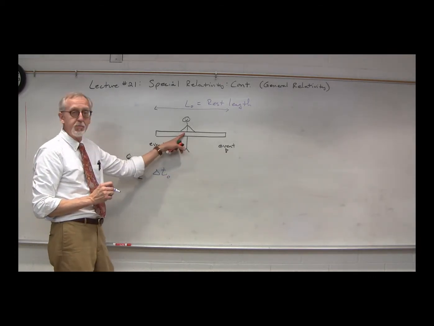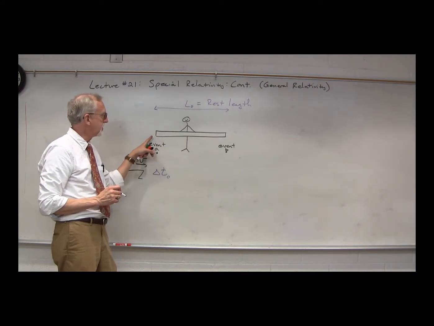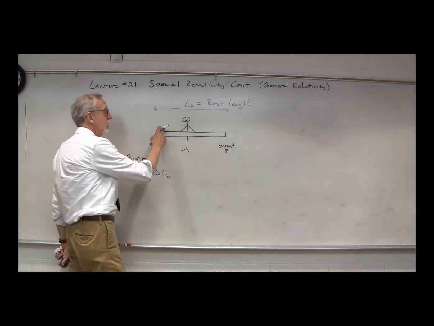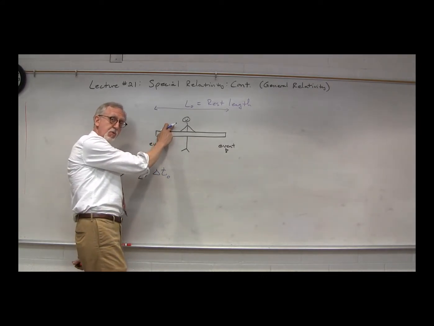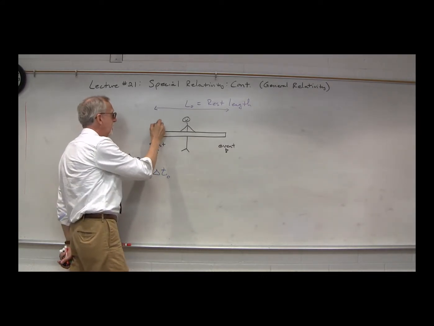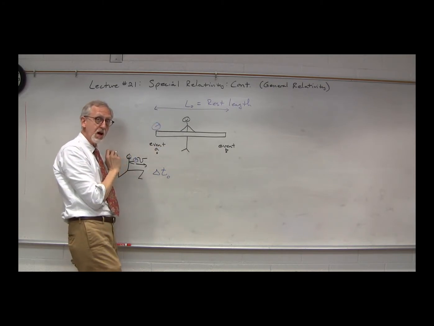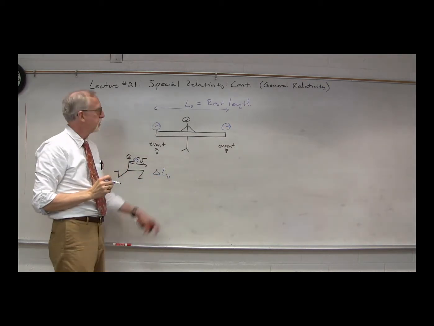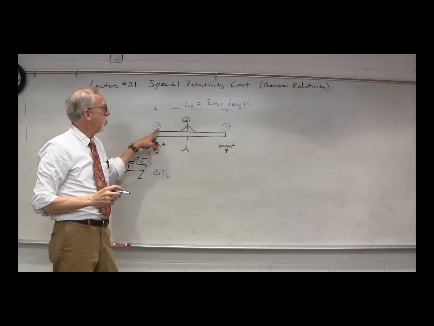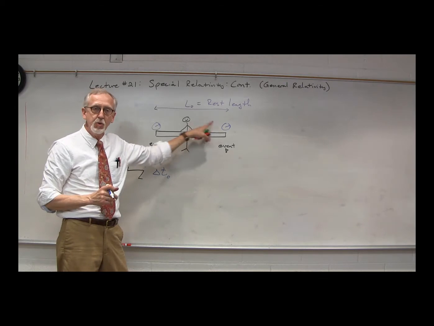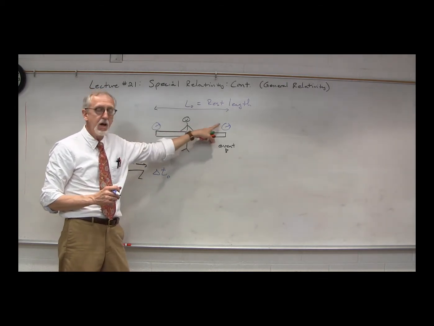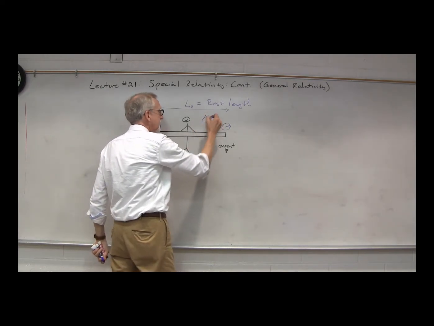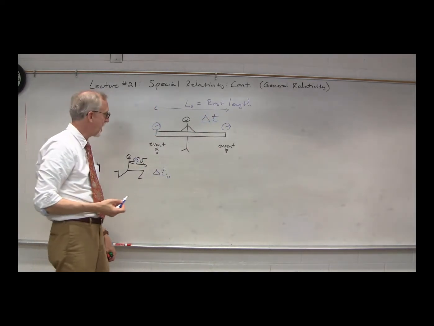Now, the person holding the stick wants to measure the time between event A and event B. So, to have clocks that are stationary with respect to the person holding the stick, this person must have one clock at event A and then one clock over at event B. So the person holding the stick will measure the time interval using the difference between two clocks. So this person must measure the dilated time, delta t. Okay, great.